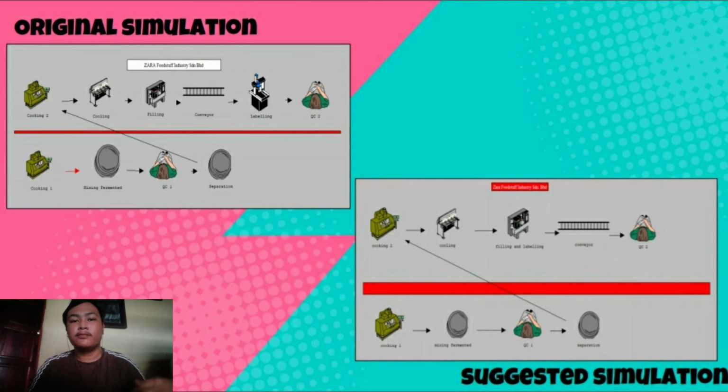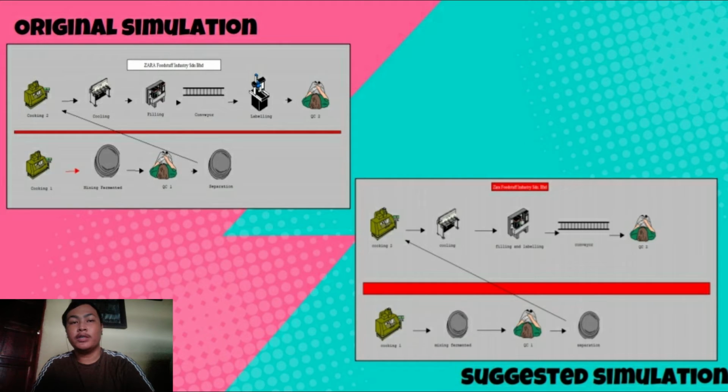Okay. So now we will move to the original simulation layout, and as you can see, we apply the same thing in the simulation system, where the process starts with cooking one, followed by the mixing of fermented, followed by QC1, then moves to the separation process before entering the cooking two process.